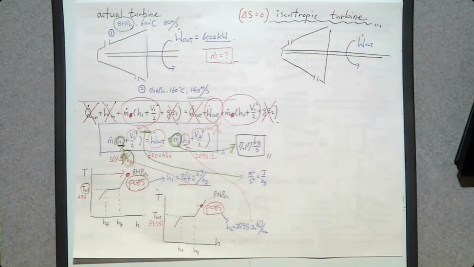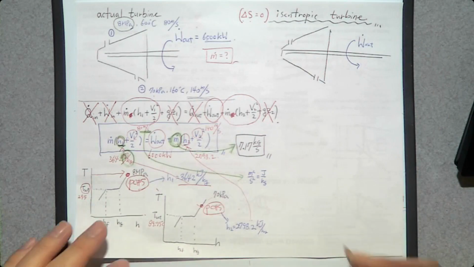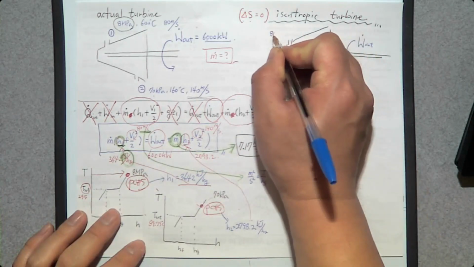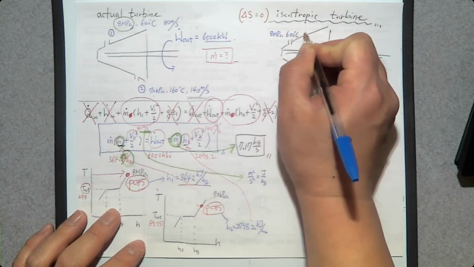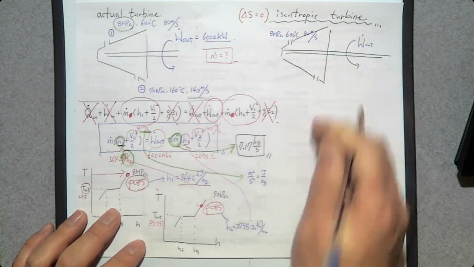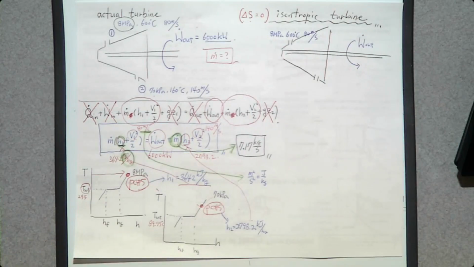No. At the inlet, the steam hasn't entered this isentropic turbine yet. So there's no difference between the actual turbine and the isentropic turbine in terms of the inlet condition. So the inlet condition should be the same: 8 megapascal, 600 degrees Celsius, 80 meter per second. Then let's look at the exit.